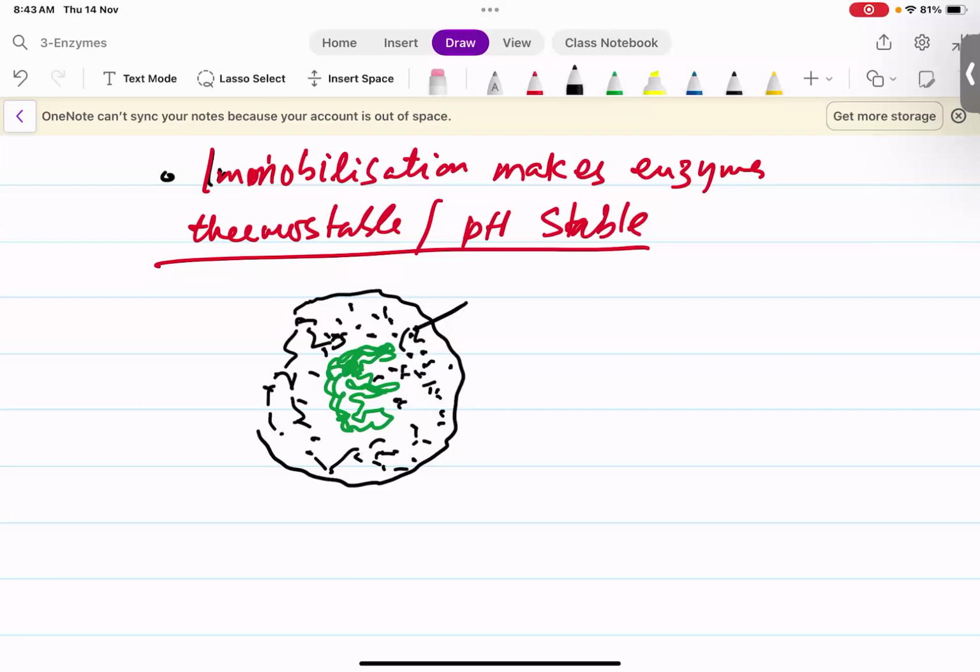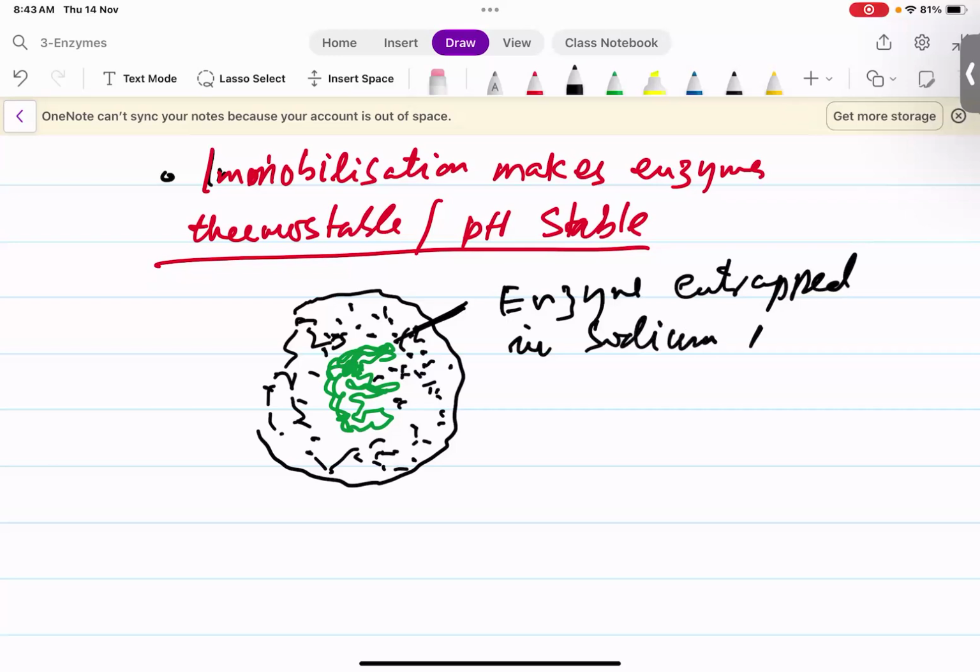This is an enzyme entrapped in sodium alginate. What happens? The sodium is replaced by the calcium. So calcium is deposited into this alginate bead. So these are calcium ions deposited in this alginate.